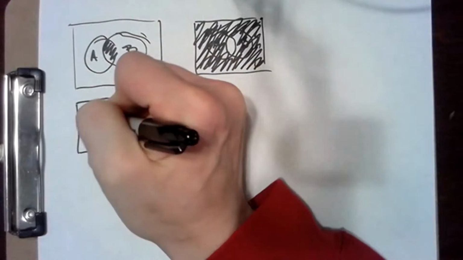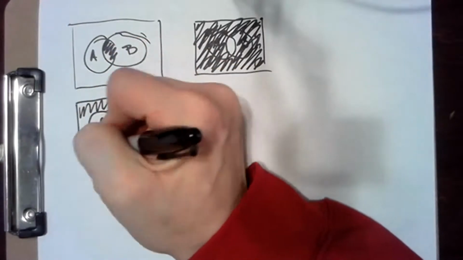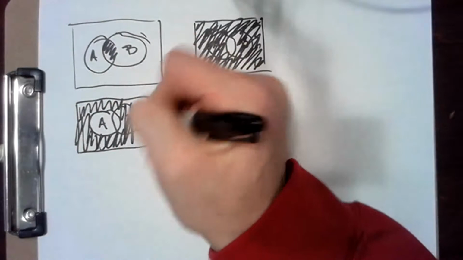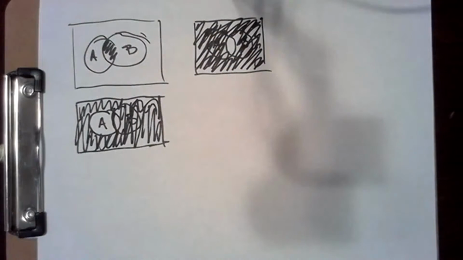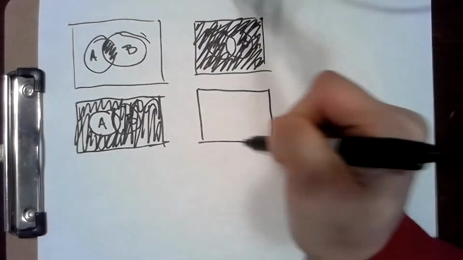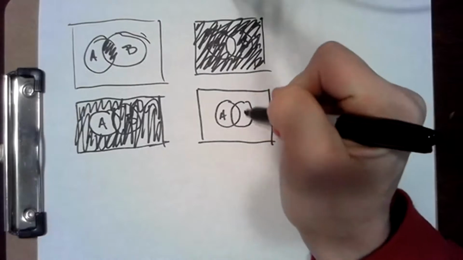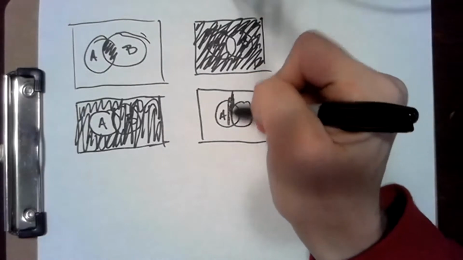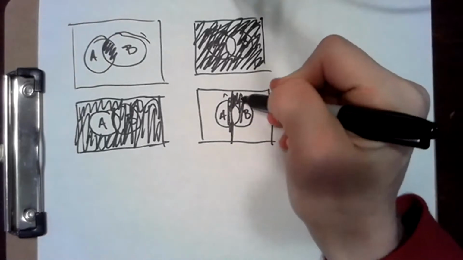here's A, and here's B, then the complement of A is everything not in A, including its intersection with B. Here now is the complement of B. Sorry, I'm putting that the wrong way.